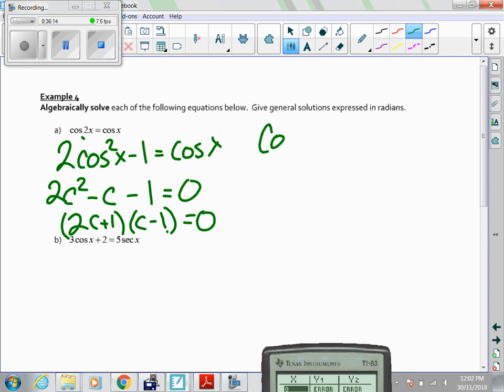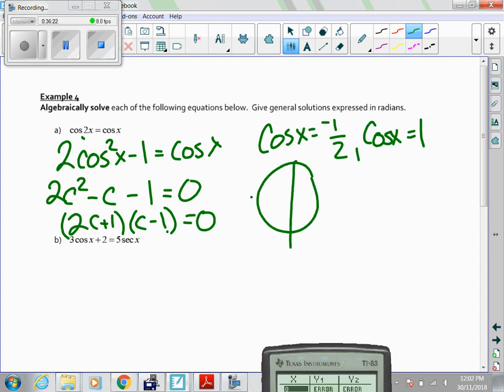So cosine of x equals negative 1/2, and cosine of x equals 1. This is going to happen here and there. So 2 pi thirds and 4 pi thirds, and again, each of these plus 2 pi n. I can't combine them because they're not on 180 or not on a straight line.